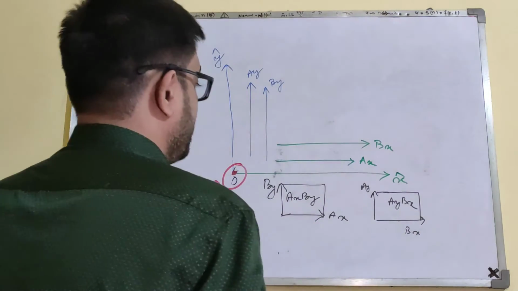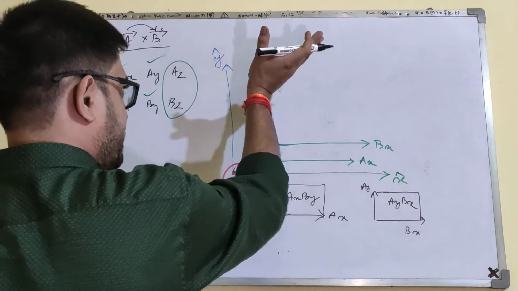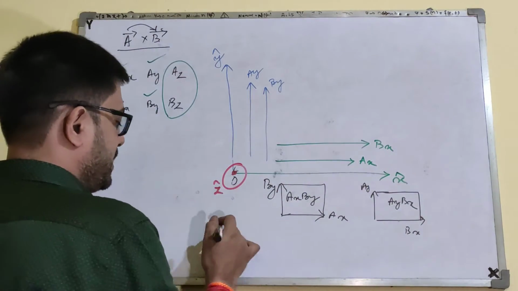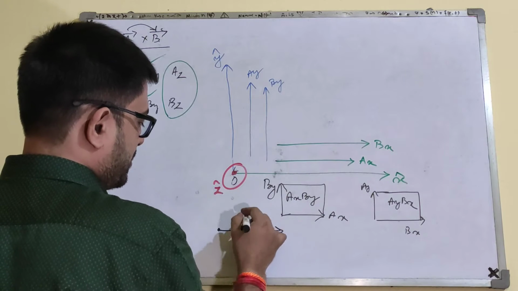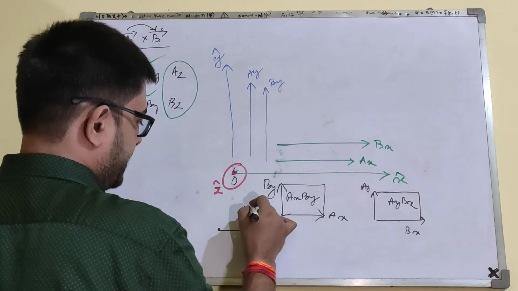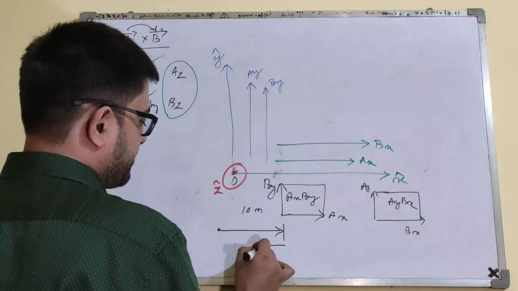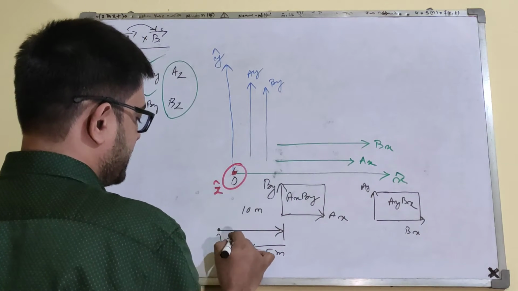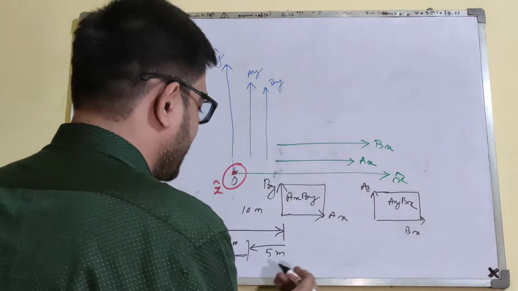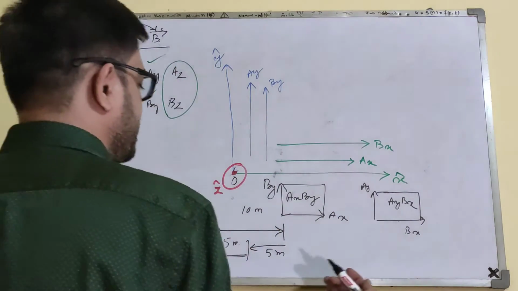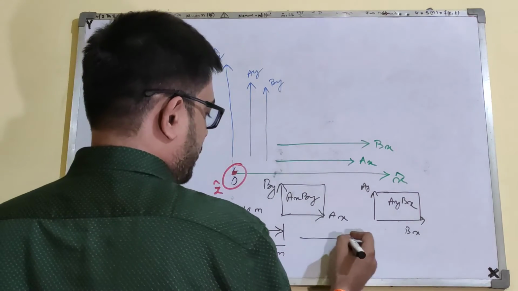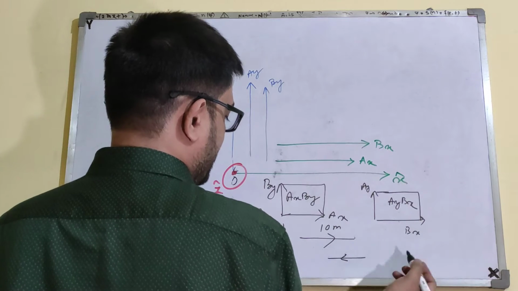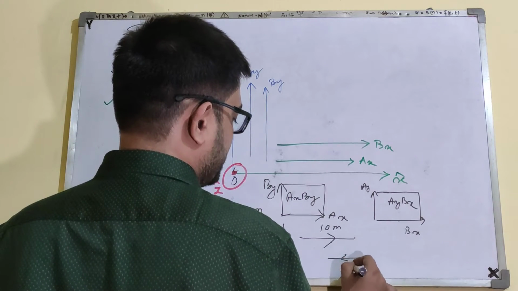But the problem is, the way ax crosses by is not the same as ay crossing bx. For example, if you start from here and go a distance of 10 meters and then come back by 5 meters, the net distance that you covered is 5 meters. You have to subtract the opposite sense in which you moved. The motion of 10 meters towards the right is not in the same way as the motion of 5 meters to the left.